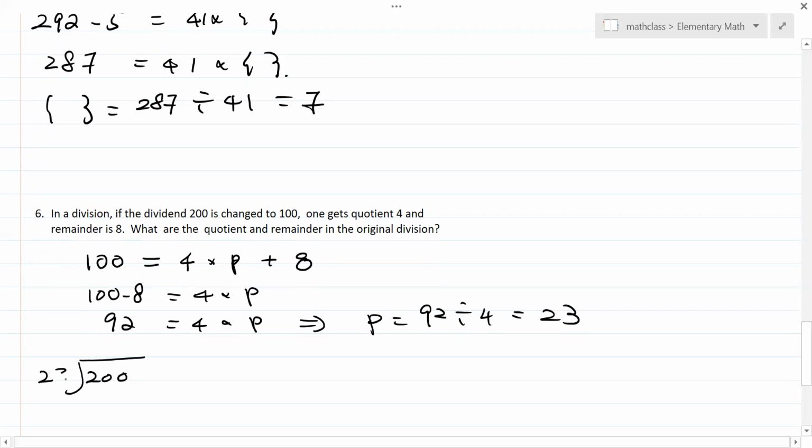200 divided by 23, so what is that number? 8. And then the remainder is 16.